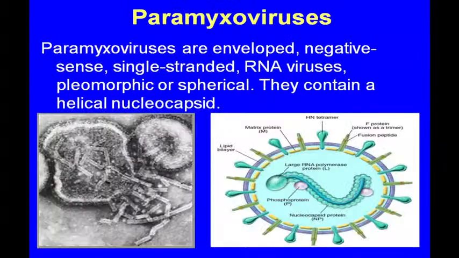Now take a look at the structure of the Paramyxoviruses. This is an enveloped virus, so you can see the envelope with the glycoproteins, and inside it has single-stranded negative sense RNA. The virus is pleomorphic in morphology, but quite often it will be spherical.